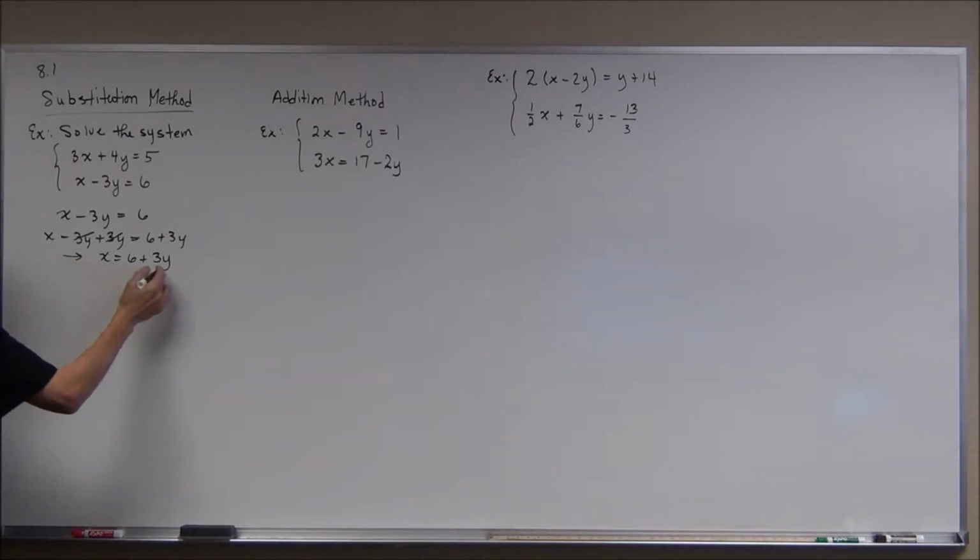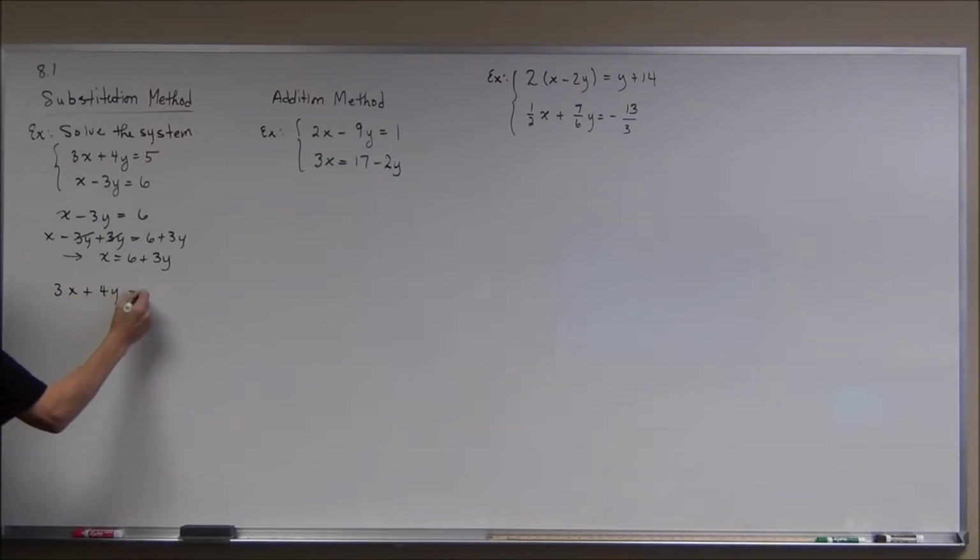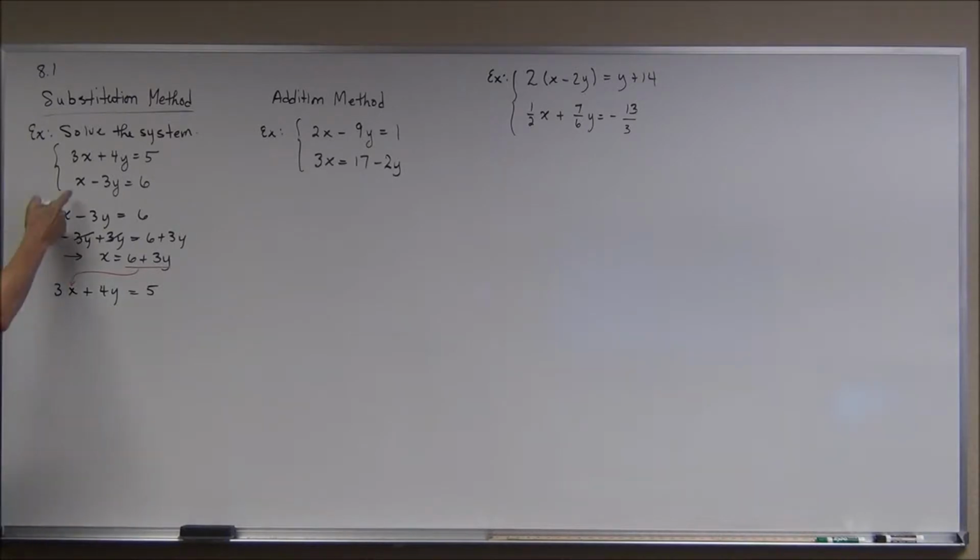So I'm going to take this expression 6 plus 3y, go back to the top equation, and substitute this in for the x in the other equation. I started with the bottom equation, I solved for x, now I take this expression and plug it into the top equation.